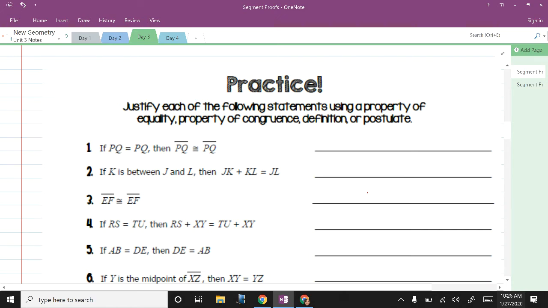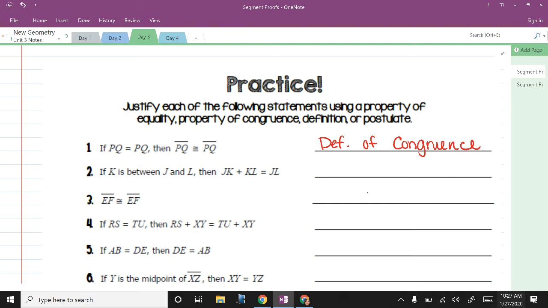Which property says that, or which definition, or whatever? If the lengths are equal, then the segments are congruent. What says that? Very good. So this is definition of congruence. If their lengths are equal, then the segments are congruent. And that goes both ways. If the segments are congruent, then the lengths are equal.